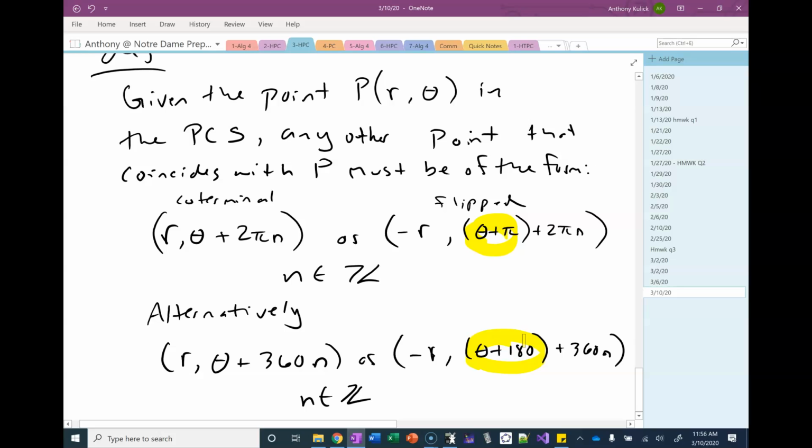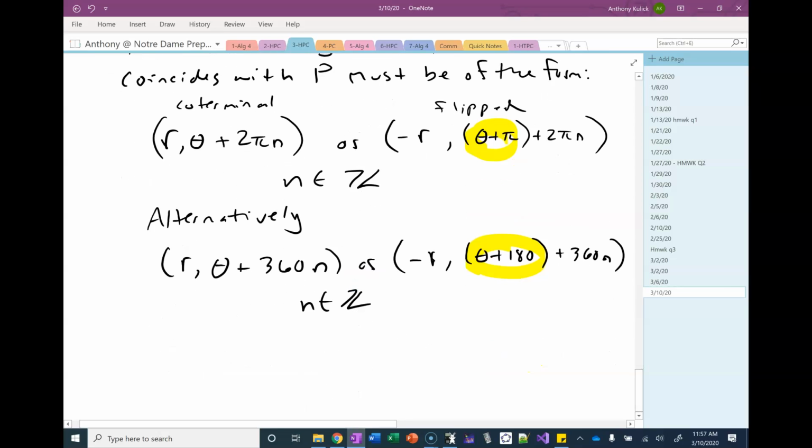So I can't just say, negative r comma theta plus 3 pi n, because pi plus 2 pi n is 3 pi n. Pi and 2 pi n are not like terms because they don't both have n's on them. So you can't really do it that way. Okay? All right, so let's practice using this definition here.